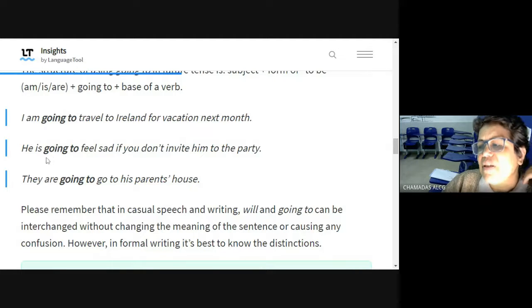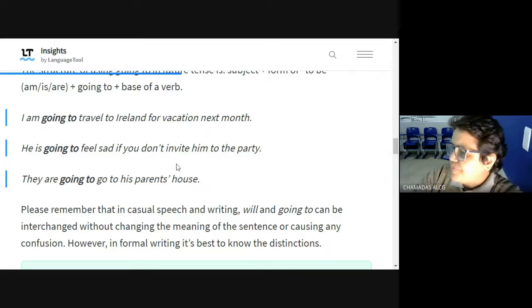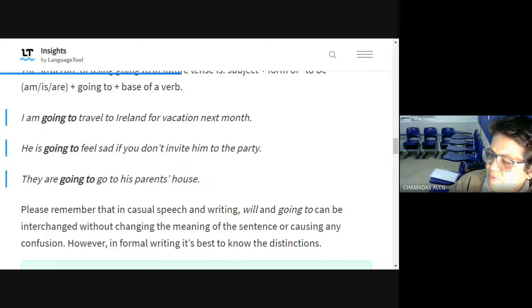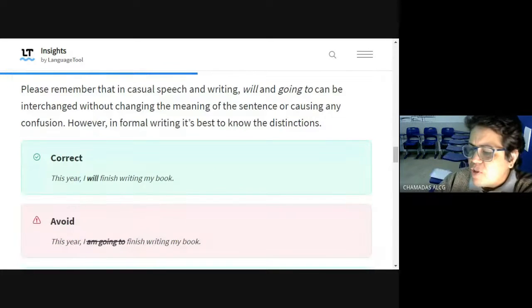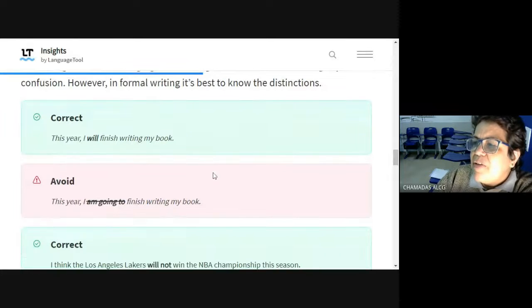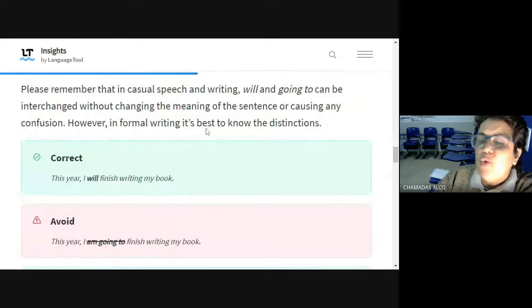So this is something that we know for sure, okay? It's like a consequence to a decision. Now they're going to go to his parents' house, okay? All right. So here they give an example when we are writing something formally, okay?